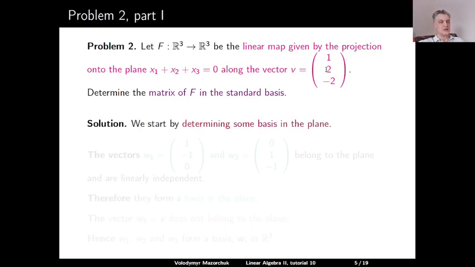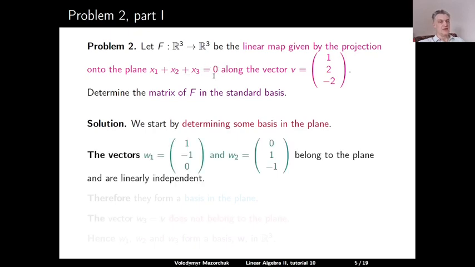Let us start our solution by determining some basis in our plane, which is given by an equation. Here we can observe that the vectors 1, minus 1, 0 and 0, 1, minus 1 obviously belong to the plane, and they are obviously linearly independent because they are not proportional. So these two vectors form a basis in a plane because a plane has dimension 2.